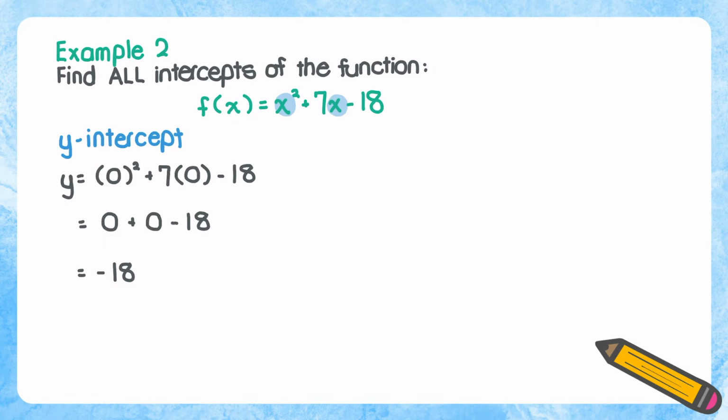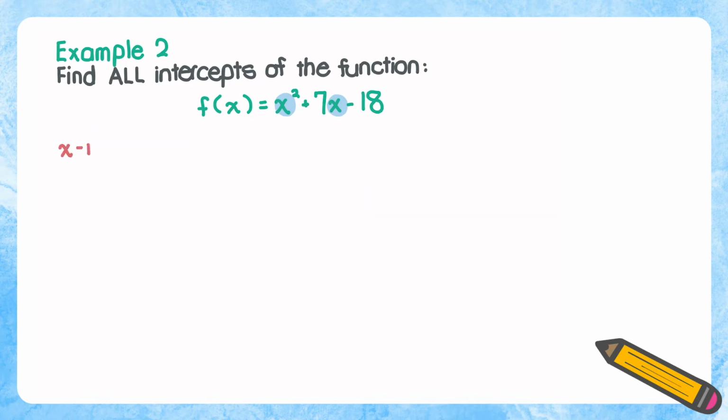So when we set x equal to 0, y equals -18. So our y-intercept is at the point 0, -18. Again, we set x equal to 0 to find the y-intercept.